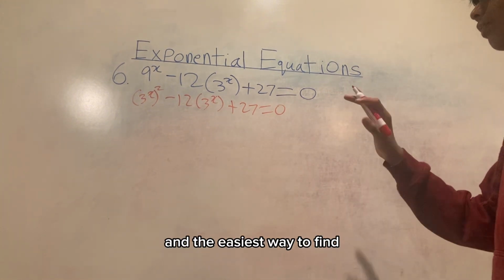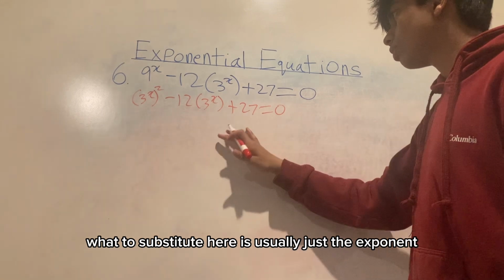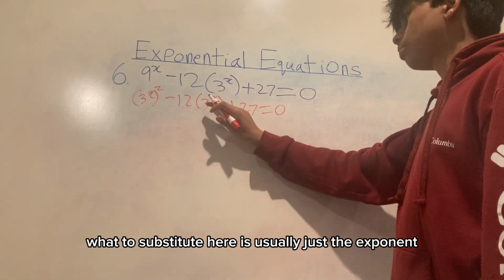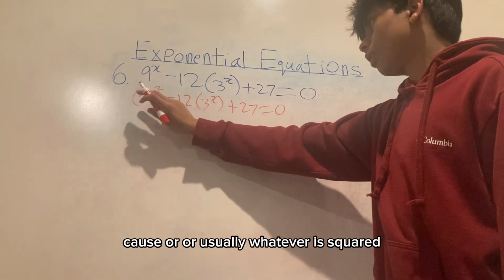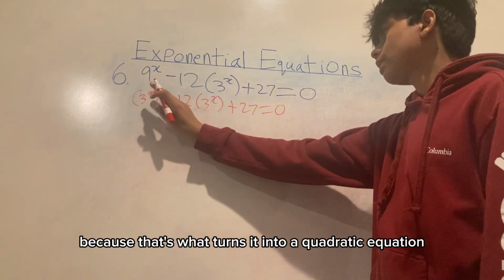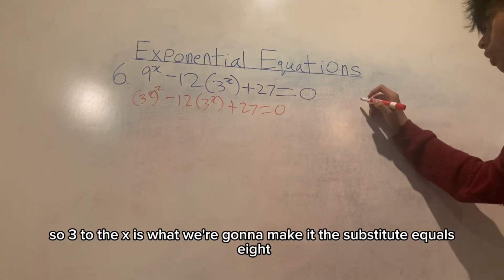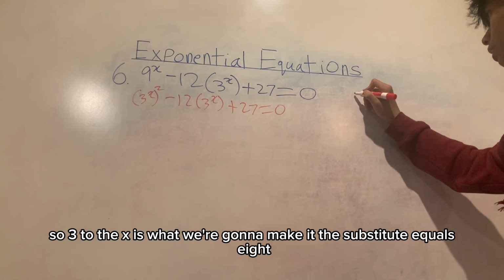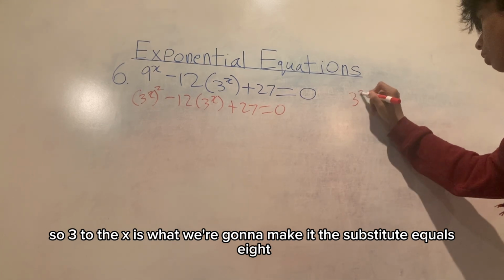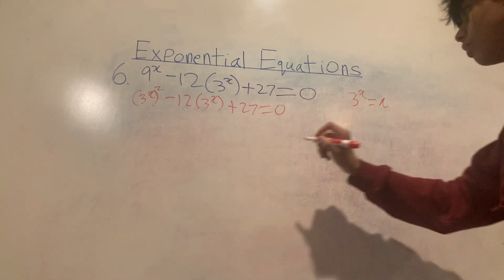And the easiest way to find what to substitute here is usually just the exponent, or usually whatever is squared, because that's what turns it into a quadratic equation. So 3 to the x is what we're going to make the substitute, equals a.